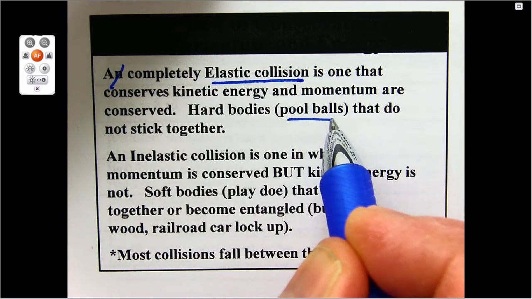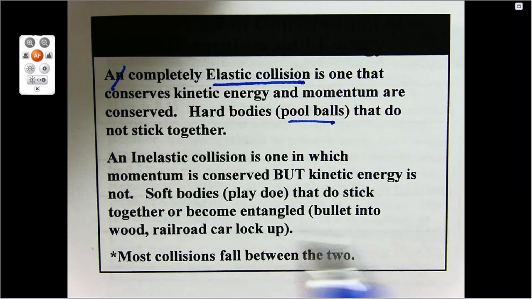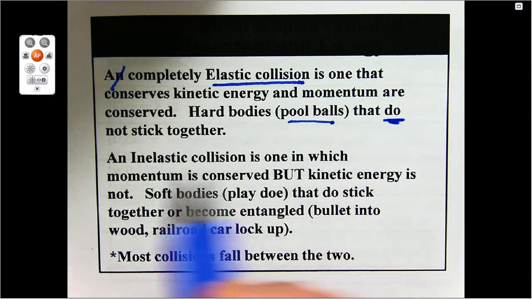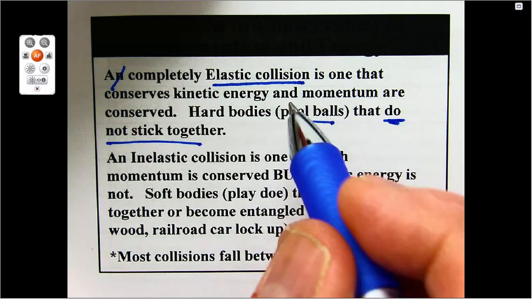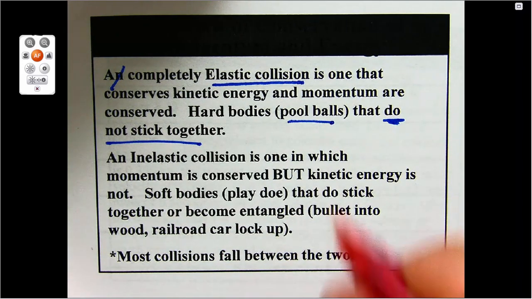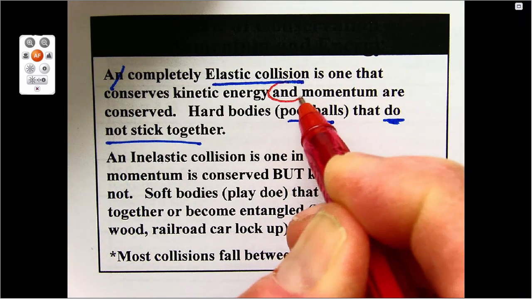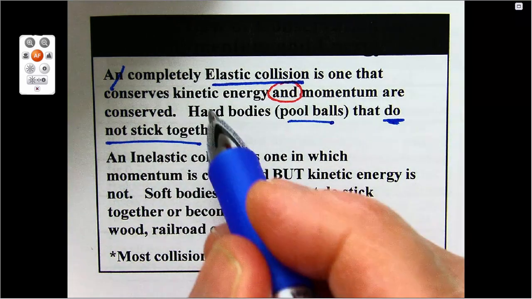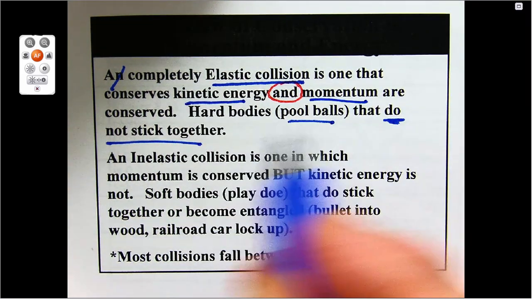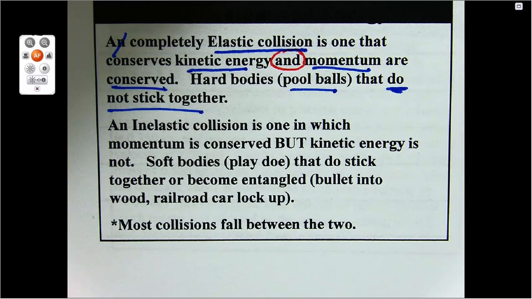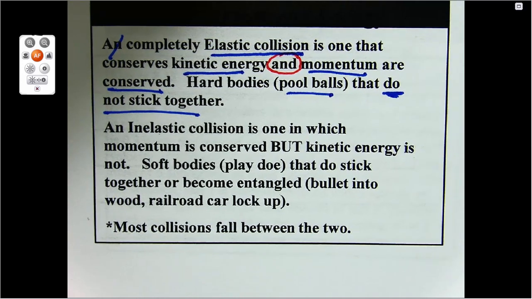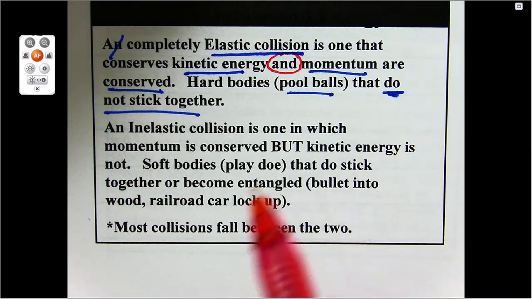That's the very first thing you should think of. They do not stick together. And this is it: both kinetic energy and momentum are conserved. Okay? Think of pool balls. Kinetic energy and momentum are conserved.